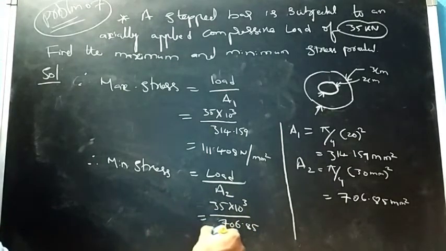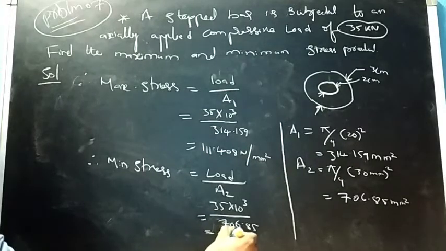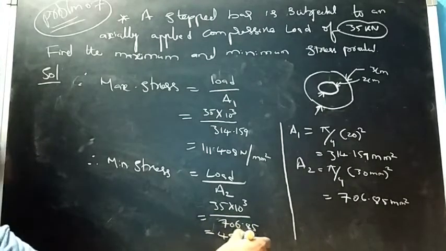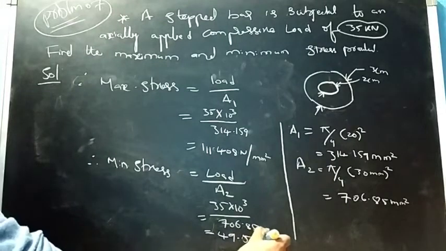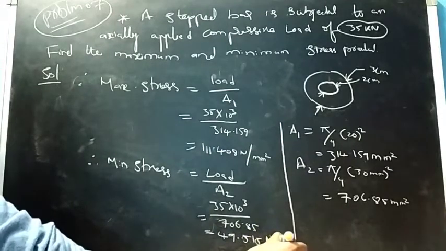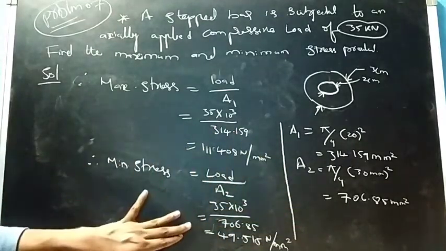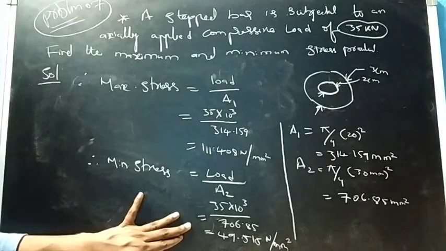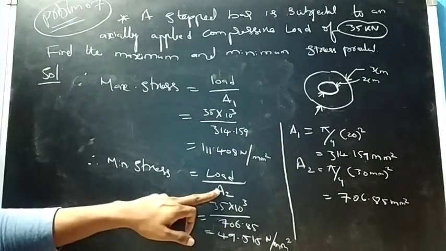Right? And the answer will be 49.515 Newton per mm square. Right? So this is a minimum stress which is applied on area 2.